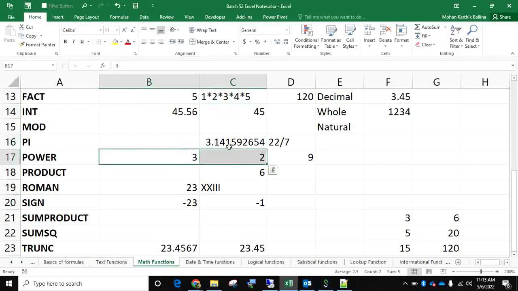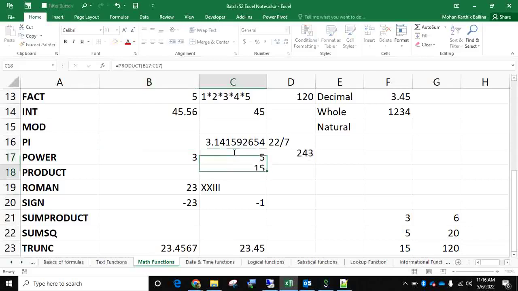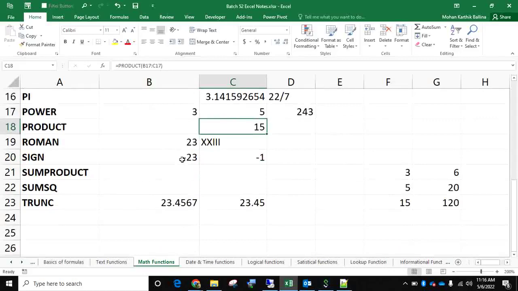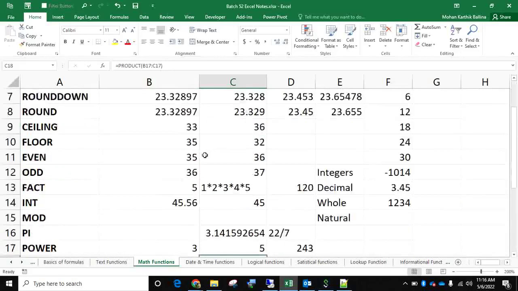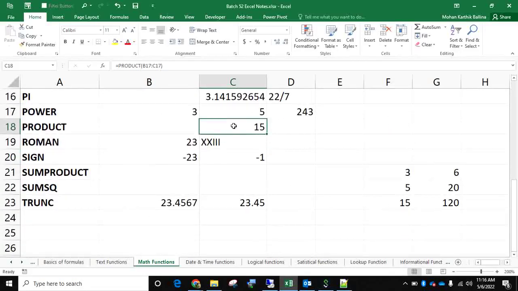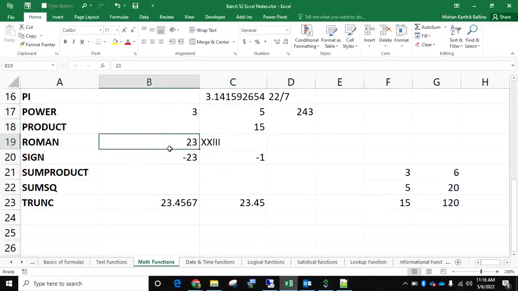POWER: 3 square, 3 cube, 3 power 4, 3 power 5, like that you can identify. How we calculate the sum, same kind of PRODUCT as well. And ROMAN: if you have a number, we can convert it into Roman style.